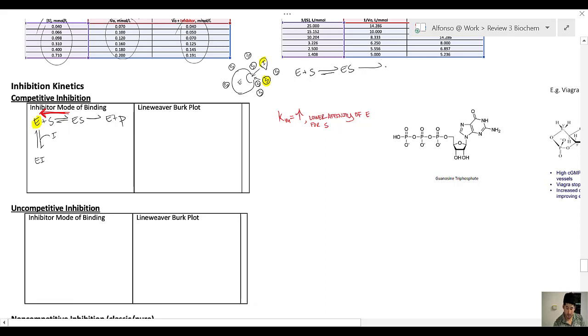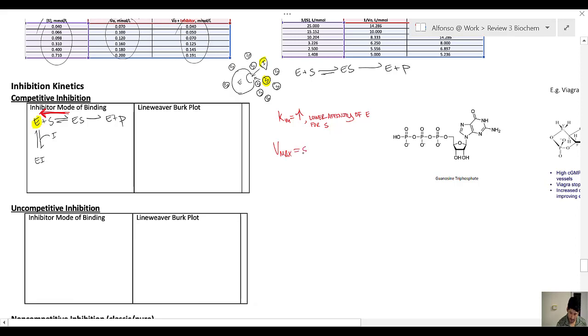Once the substrate has bound, we form the enzyme substrate complex. And then once we form this, we can form enzyme plus product. So we're able to form the same amount of products, and therefore Vmax stays the same. So I'll say it another way. Vmax doesn't change because we can outcompete the inhibitor.